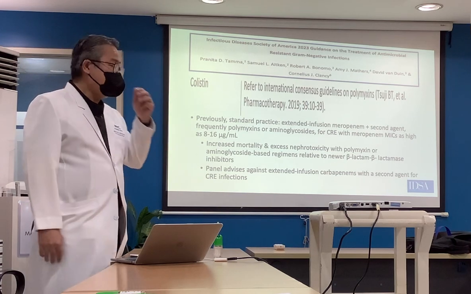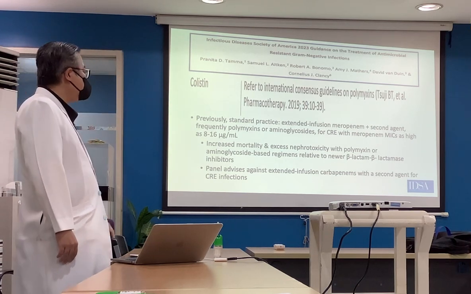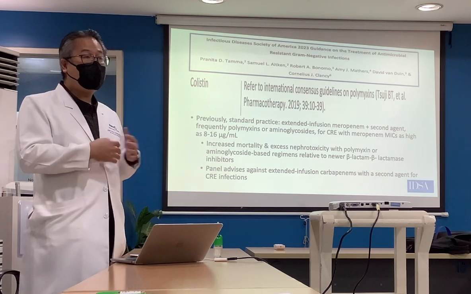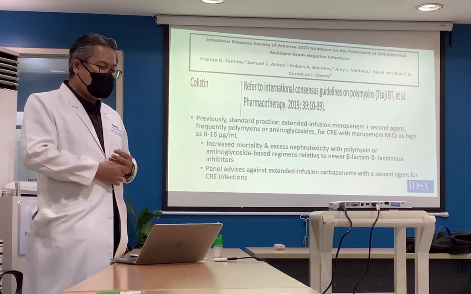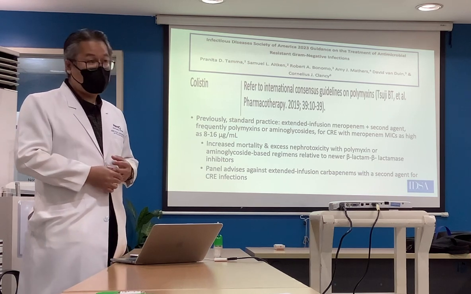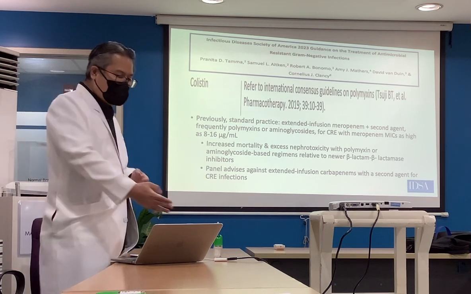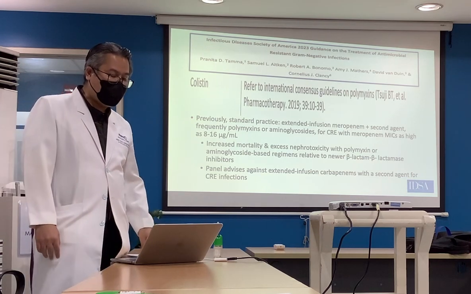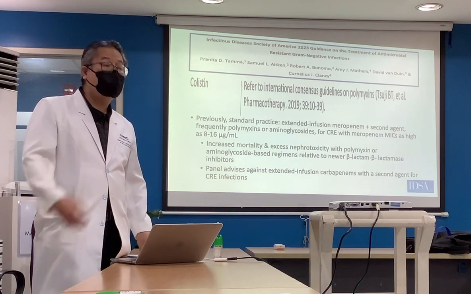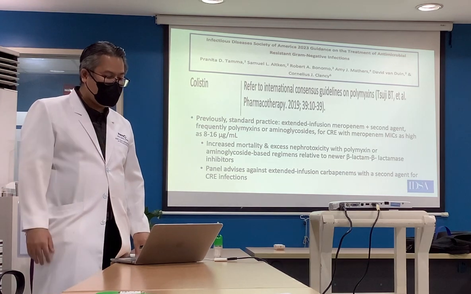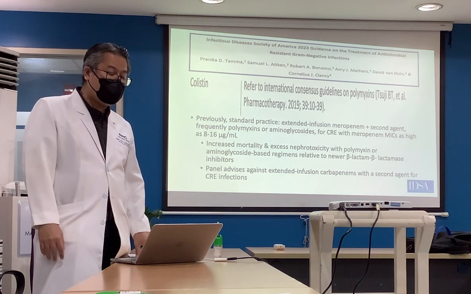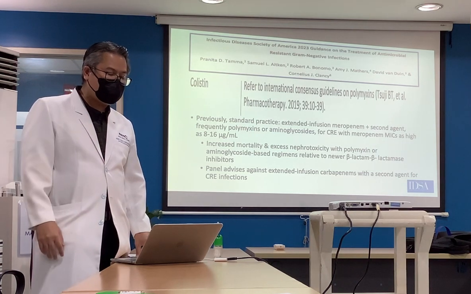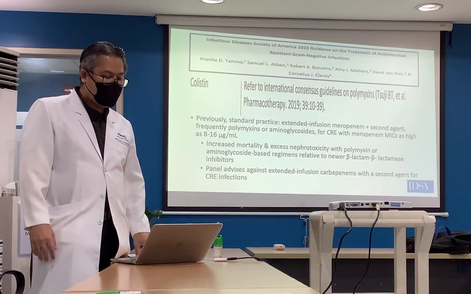A little bit on colistin. So previously, in 2019, colistin and polymyxins were actually at the forefront. Previously, it was standard practice to give extended infusion meropenem plus a second agent, frequently colistin, polymyxin B, or aminoglycosides for CRE, with meropenem MICs even as high as 8 to 16 micrograms per ml.